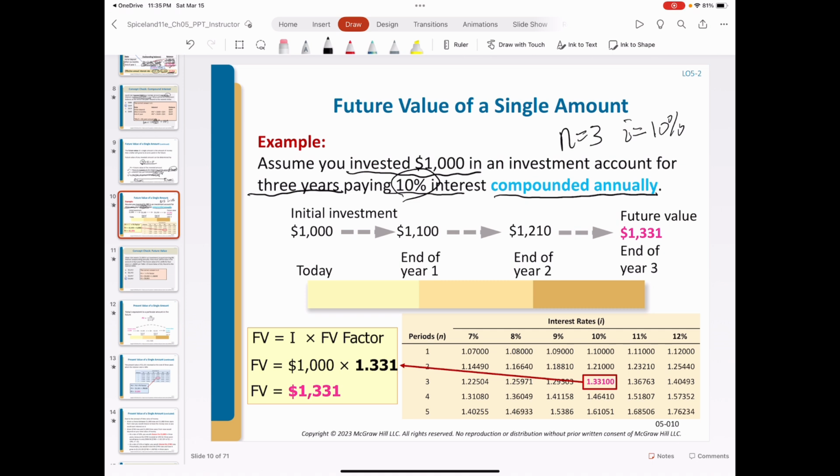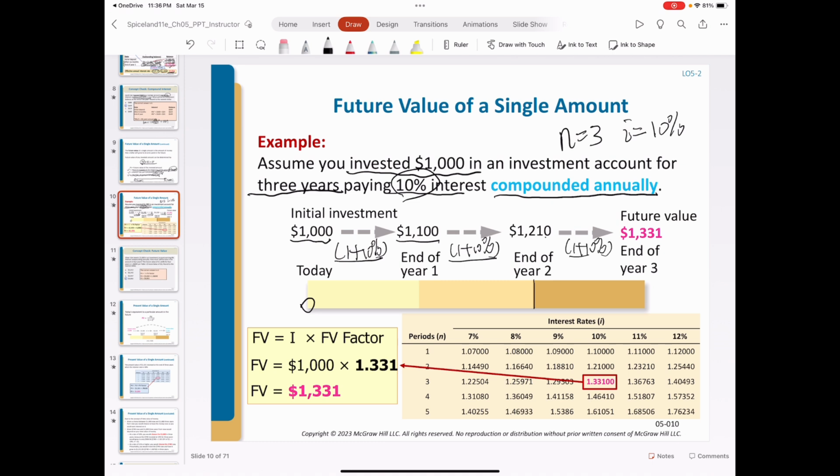Okay. So you can calculate based on the formula step by step. For example, $1,000 is the future value at year 1. Today, the present, represents 0. So we multiply by this factor, and its value at year 1 is 1,100. And I keep accumulating. At this rate, it will become 1,210 at the end of year 2.